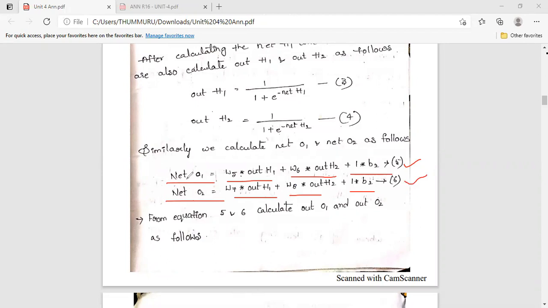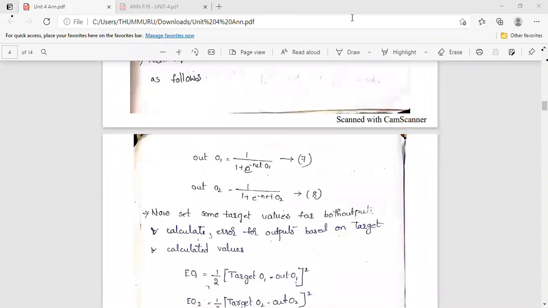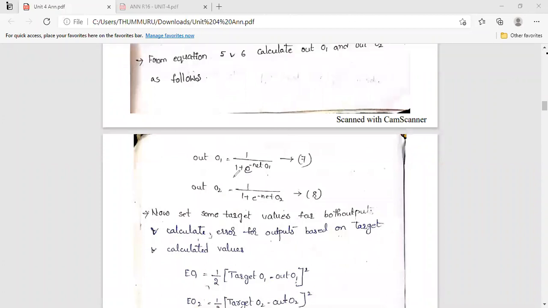Now, after calculating inputs of O1 and O2, we are going to calculate outputs of O1 and O2. Out O1 equals 1 by 1 plus e to the power of minus net O1.